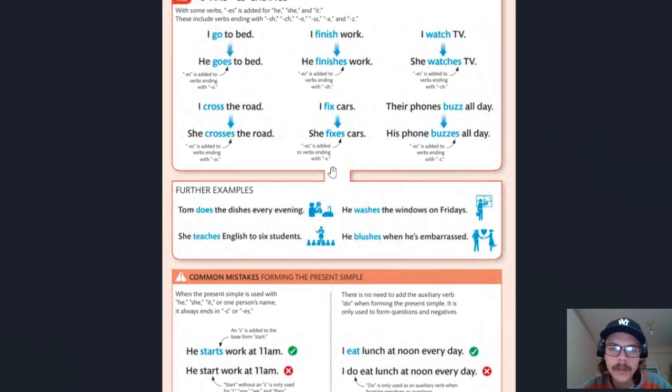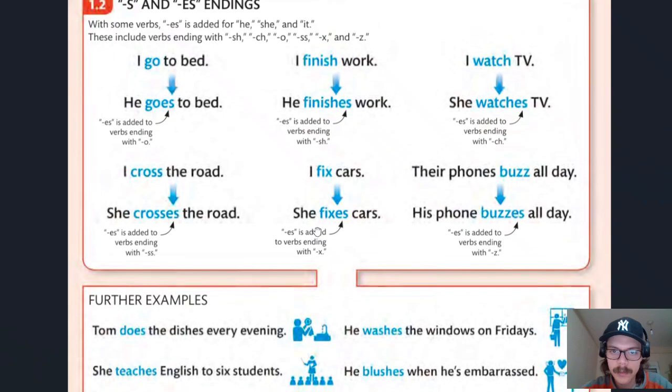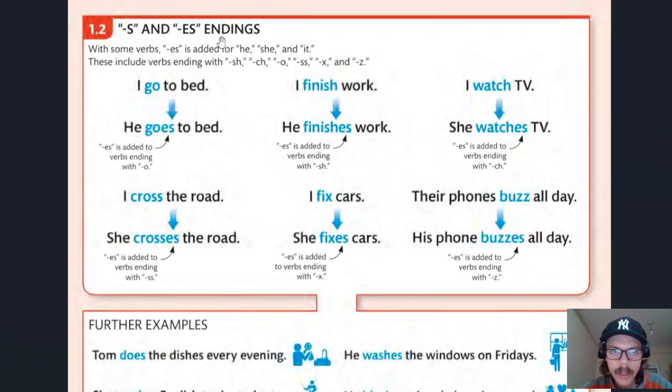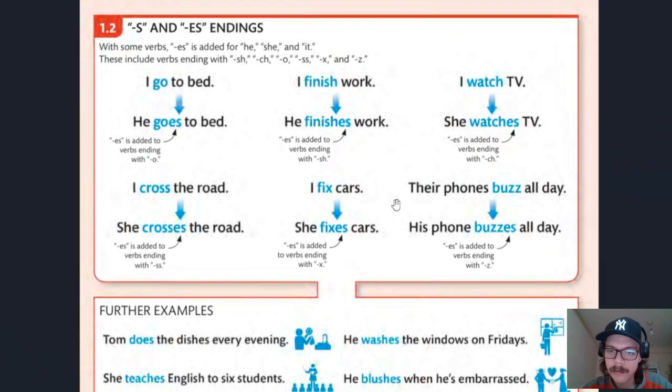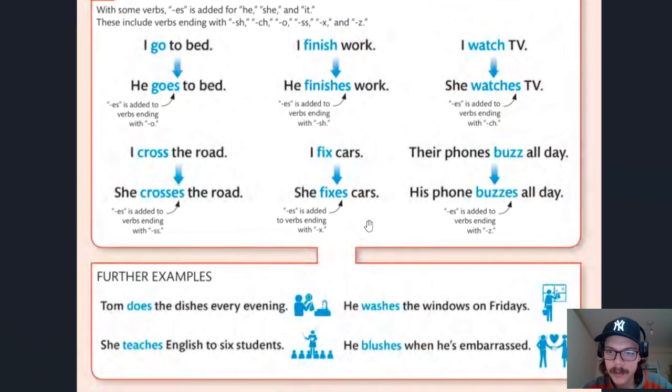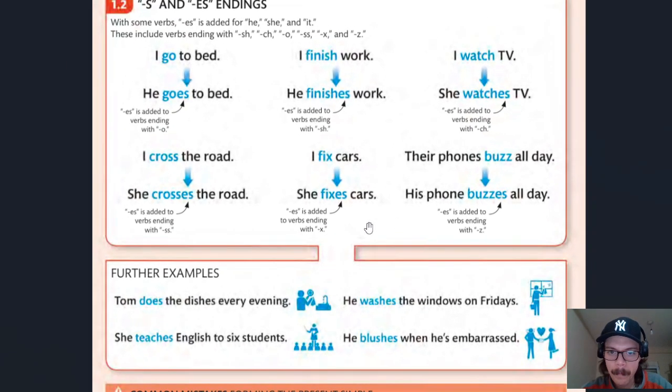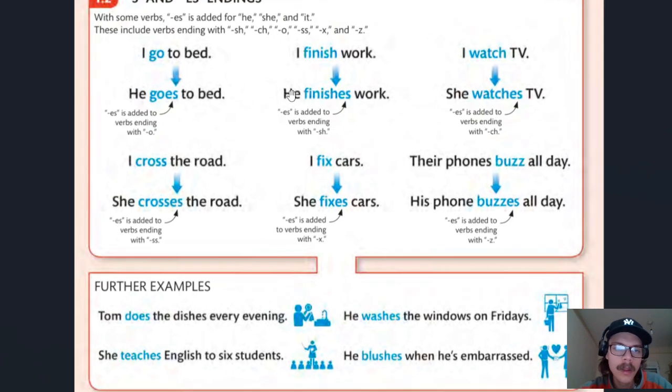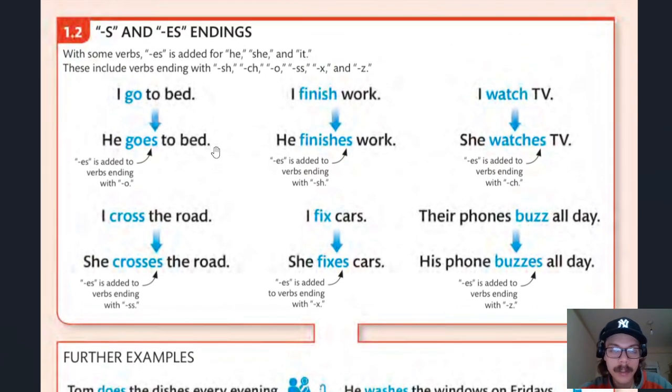Now, moving on to the second page that you're going to see here, we're going to focus on specific rules that affect how you are going to write some of these verbs. And specifically, this is focusing on the cases where you need to add the letter S. There are exceptions, as you can call them, that can be categorized into 6 groups.